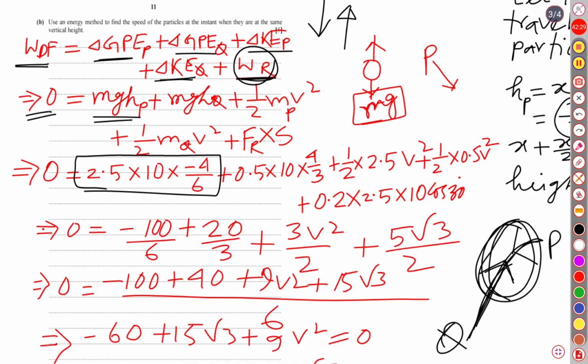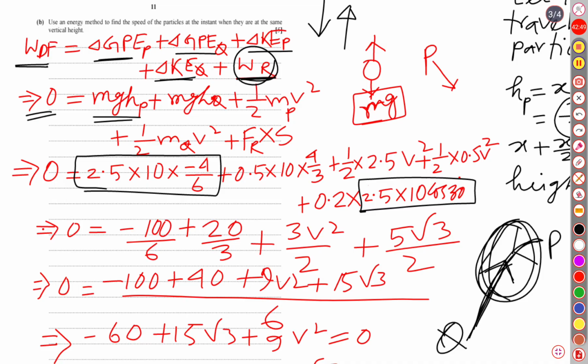And for P we have calculated this resistance force. Look at this, this is the resistance force. But for Q we didn't calculate, because Q doesn't have any applied force at all except the tension, and I have already explained why tension cancels out.